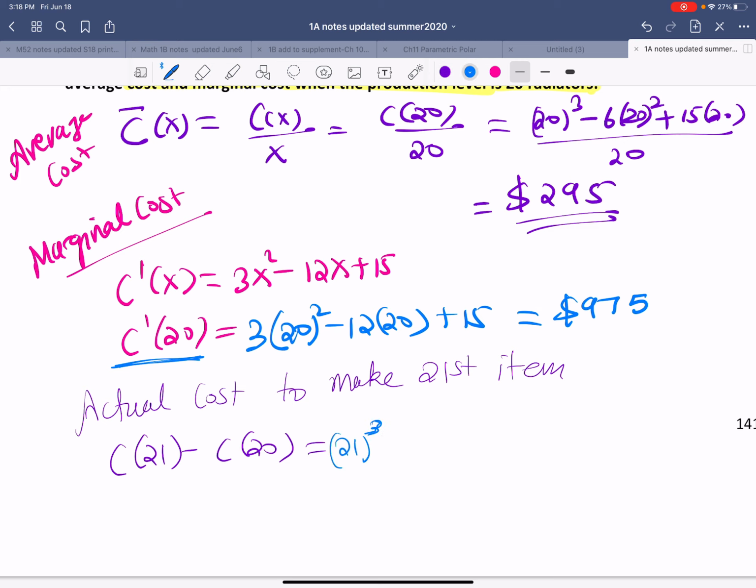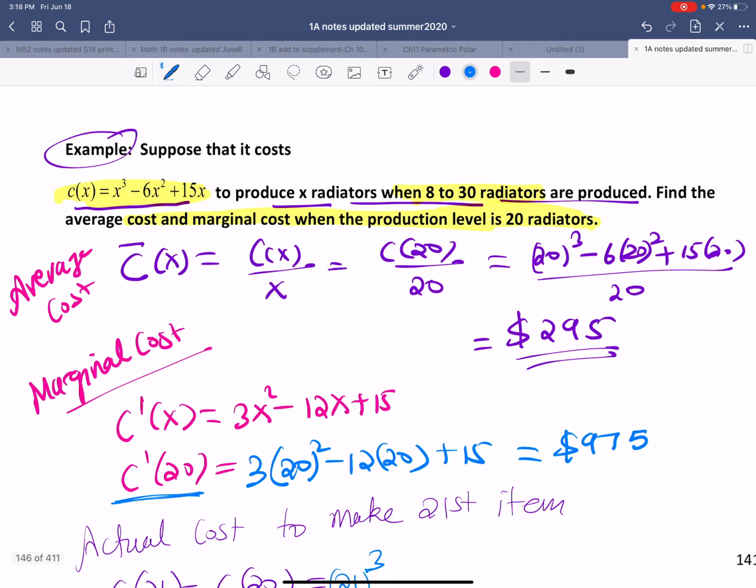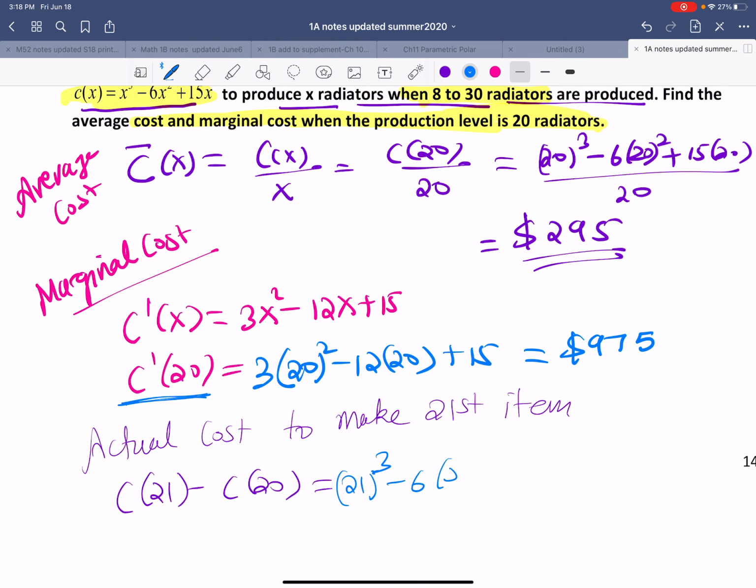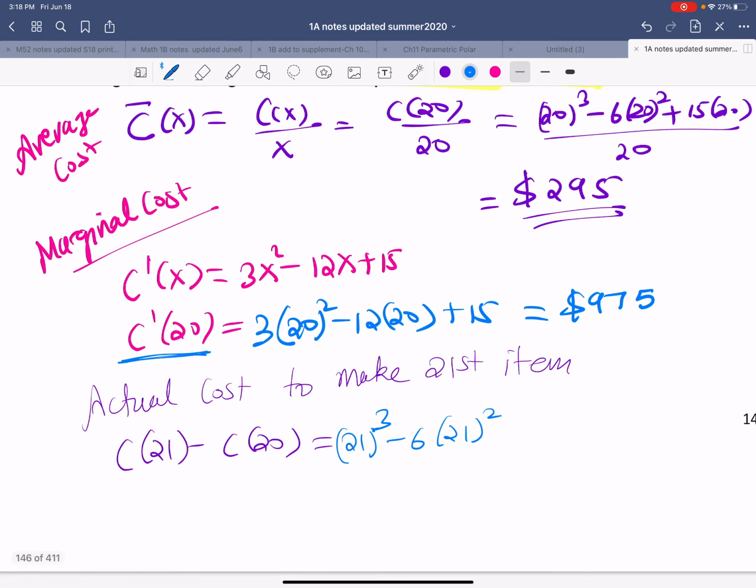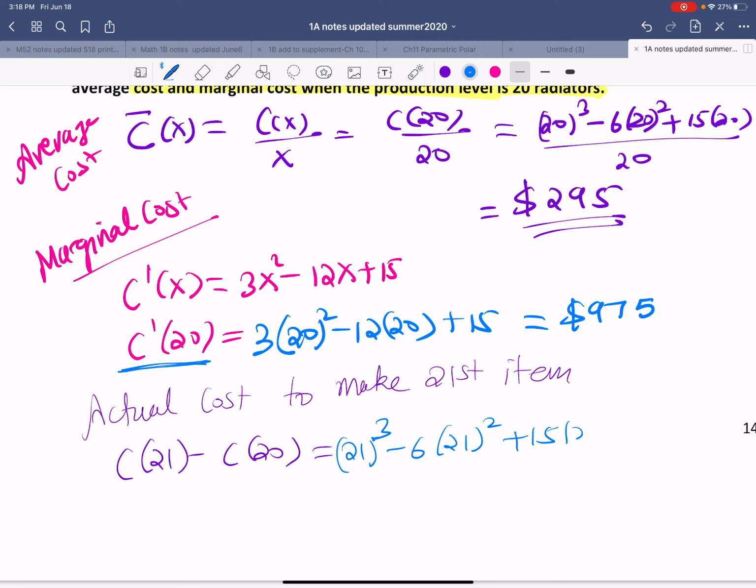So 21 to the third power minus 6 times 21 to the second power plus 15 times 21, minus 20 to the third power minus 6 times 20 squared plus 15 times 20.